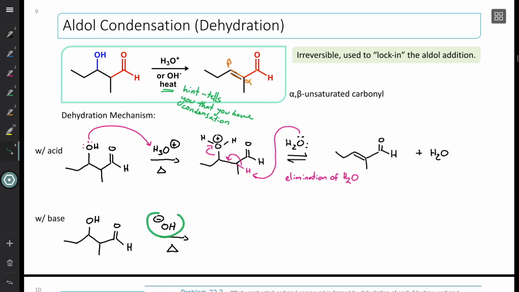Now let's do it with a base. So with a base, you're not going to touch this alcohol. Instead, you're going to go straight to the deprotonation, right? This, oops, let me do it pink. This base will deprotonate here, you will form that double bond, and it's an OH minus that will be your leaving group.